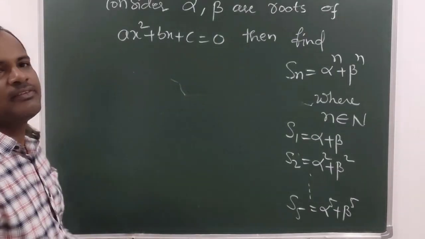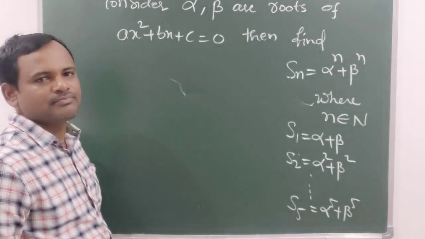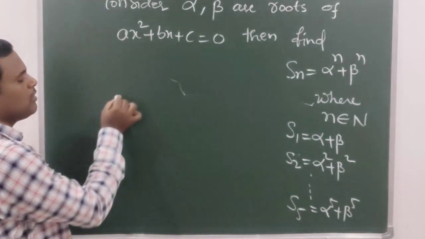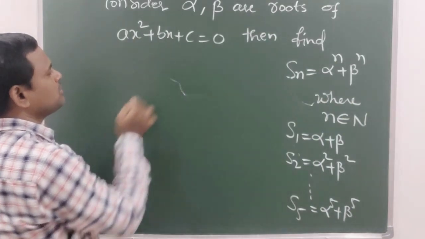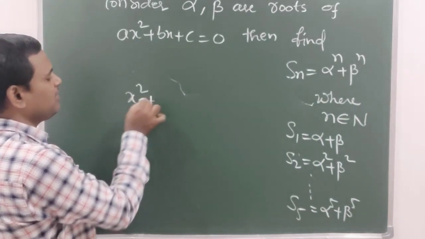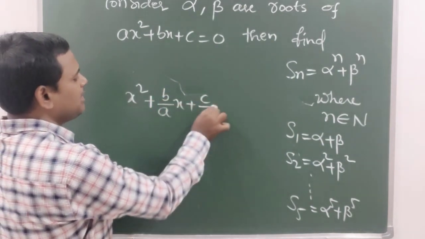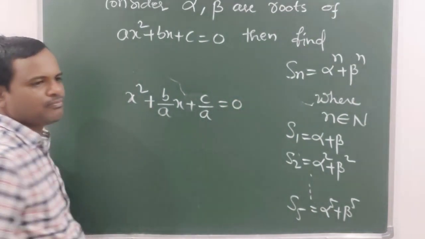In this method, first we have to make the leading term coefficient 1. How do we do that? Divide both sides by a. When we divide both sides by a, we get x square plus b by a x plus c by a equal to 0.